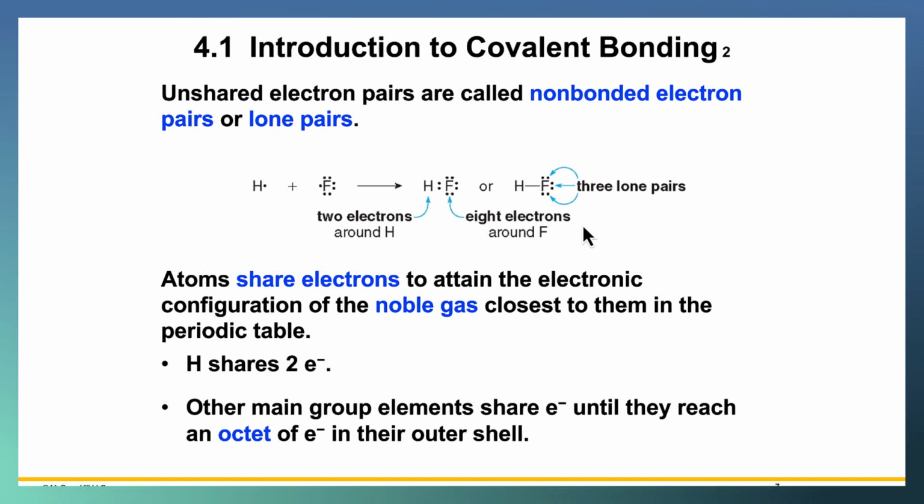On fluorine, though, we still have these 6 valence electrons, so we would say we have 3 lone pairs, 1, 2, and 3. So if we count electrons around each of the atoms, hydrogen sees 2 from this bond, so it's happy with those 2. Fluorine sees the 2, 4, 6, and 8, so it has that full octet, and it's happy as well.